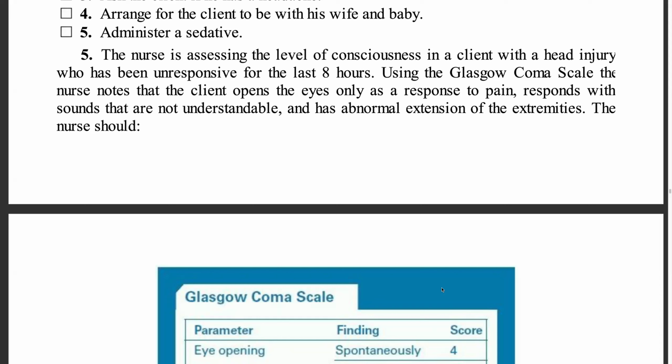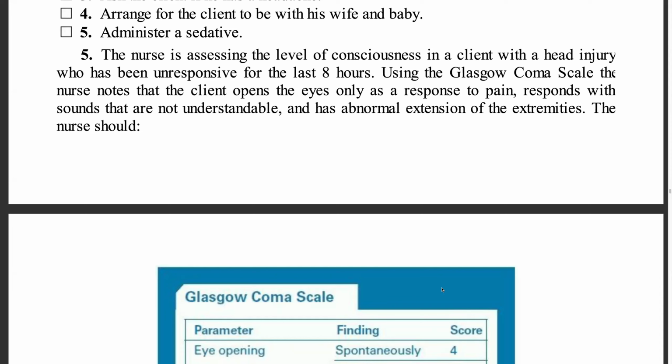Okay. The nurse is assessing the level of consciousness in a client with a head injury who has been unresponsive for the last 8 hours. Using the Glasgow Coma Scale, the nurse notes that the client opens the eyes only as a response to pain, responds with sounds that are not understandable, and has abnormal extension of the extremities.